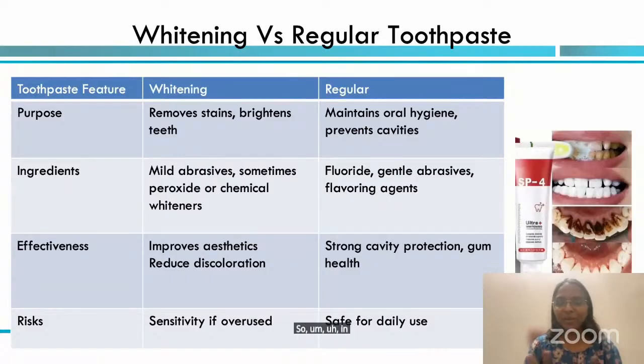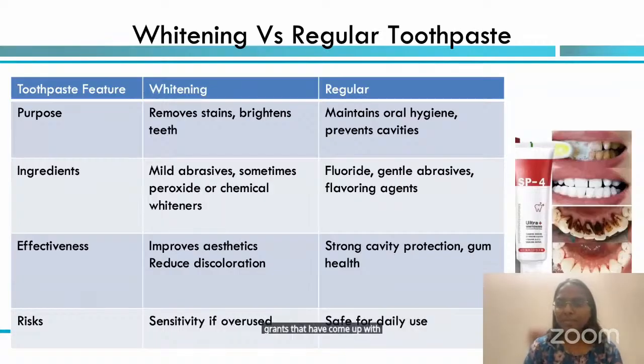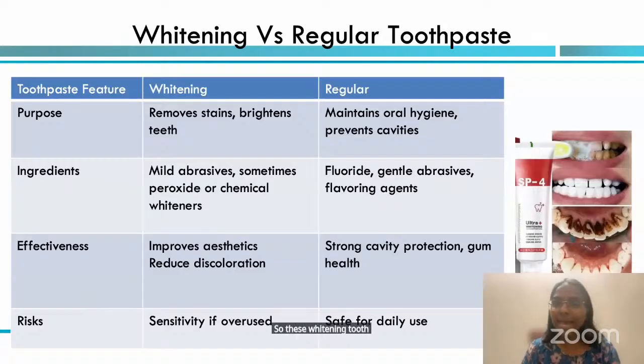The question which most of us are asked is whitening or regular toothpaste. Which one? Because there are so many brands that have come up with whitening toothpaste. The advertisements are so luring, so people do want to use them, but they are not sure whether they are of any benefit or not. These whitening toothpastes have abrasives, and if we have stains in our mouth, they remove those stains.